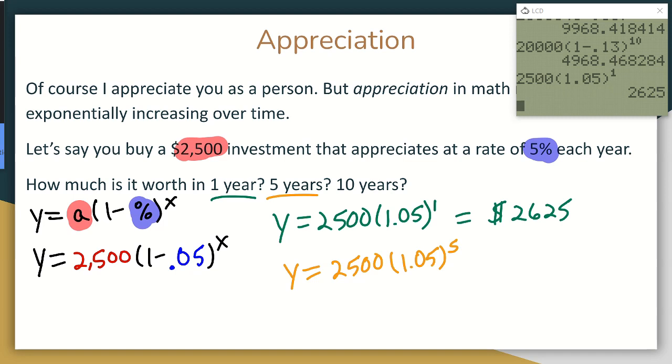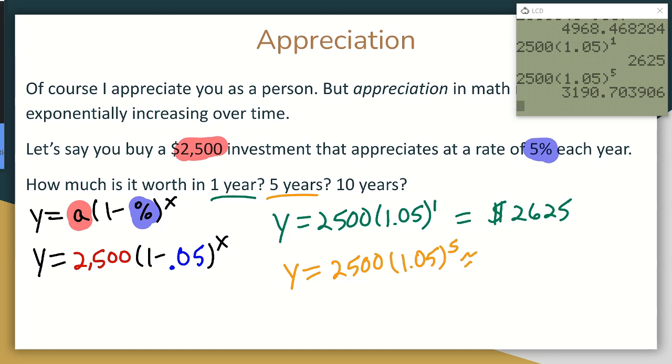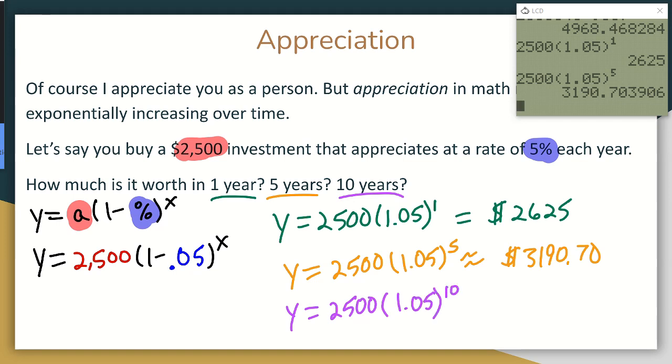So in this case, again, I'm going to go back up, take a shortcut because mathematicians are like that. And it's going to be about $3,190.70. And lastly, for 10 years, we have y is equal to 2,500 times 1.05 to the 10th.